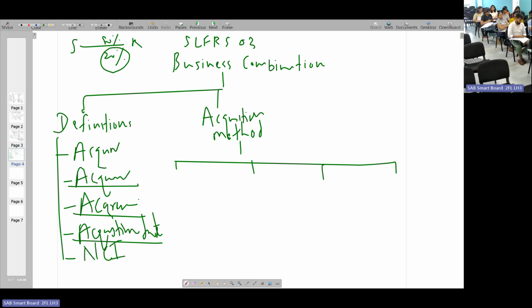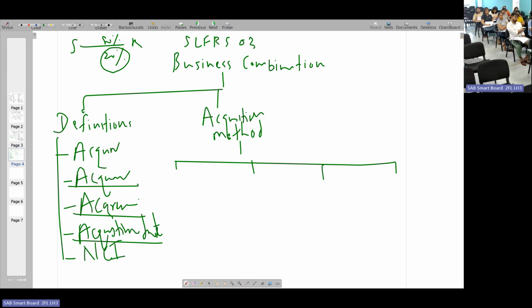Now you are going to acquire a franchise. How are we going to recognize the franchise's assets and liabilities? Are you going to recognize them at cost or at some different value? Some different value.